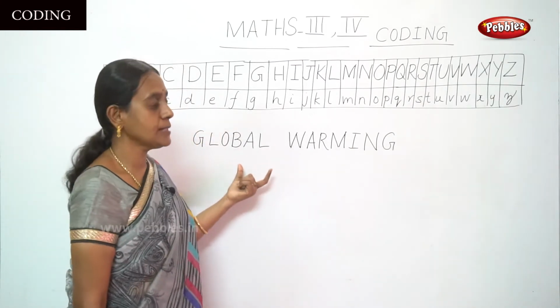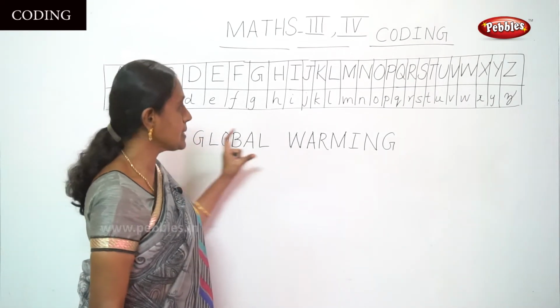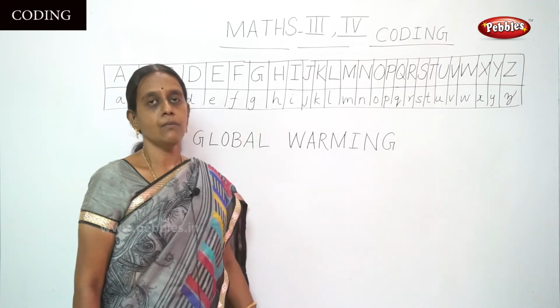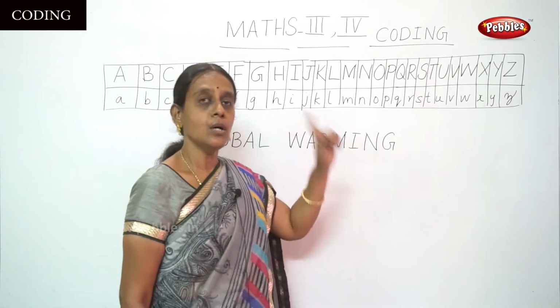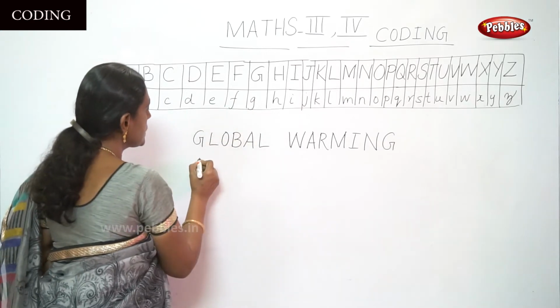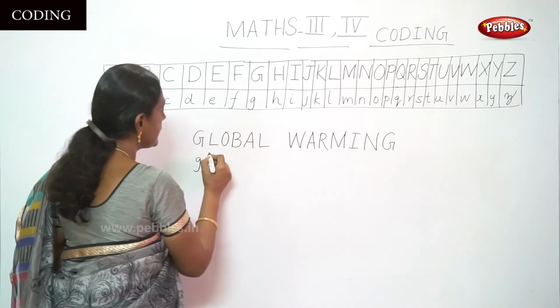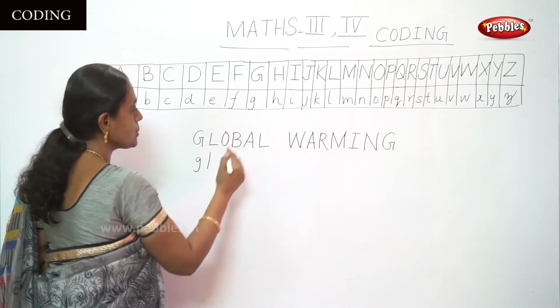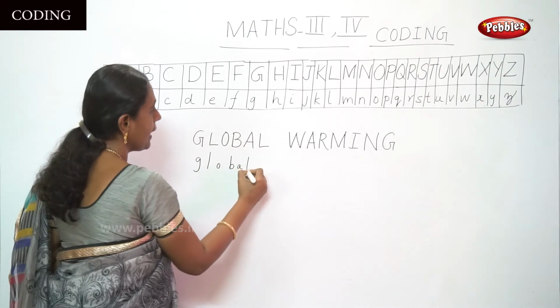To explain this word, instead of using direct lettering, we have to use the representative letters. According to the G we have to write small g, and for L, small l, and small o, that is G L O B A L.